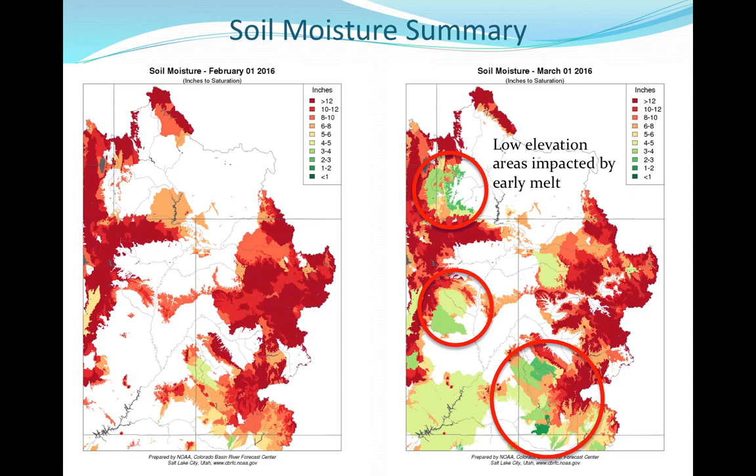Now, if we were to get a rain event or an additional snowpack event over these areas, maybe we could see some additional runoff. But right now, they're mostly indicating that we're seeing this early snow melt in February due to that really warm month, and it's saturating those soils a bit prematurely.